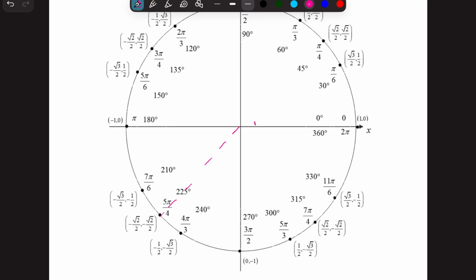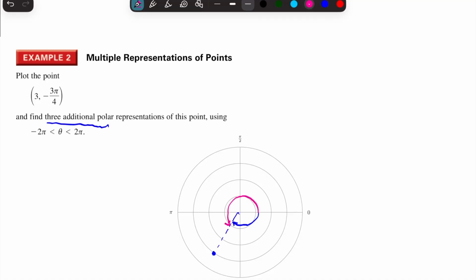That's actually positive 5 pi over 4. So one way to do it is just rotate that way, and then my angle changes to 5 pi over 4. The radius is going to remain the same. So 3 comma 5 pi over 4 gets me to the same party.